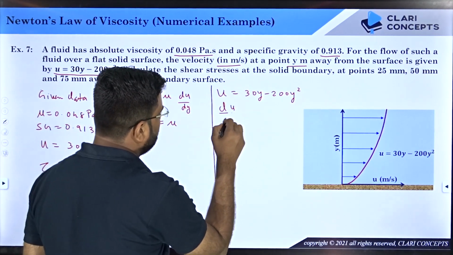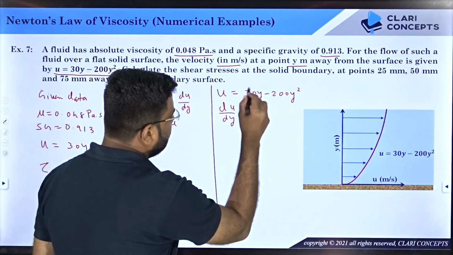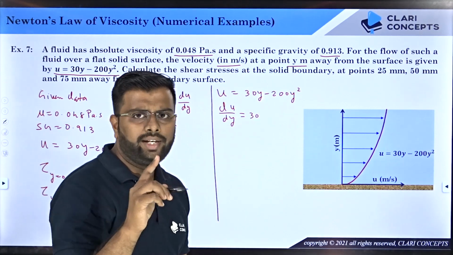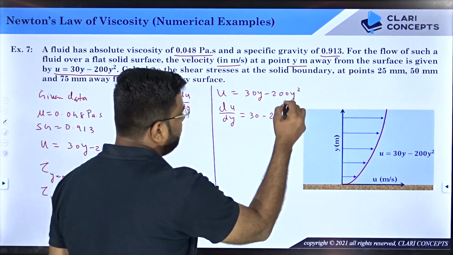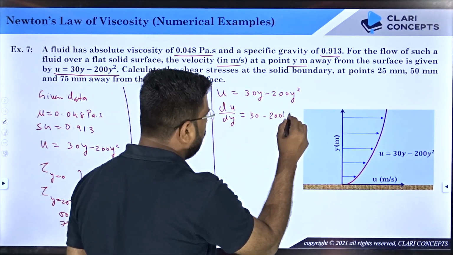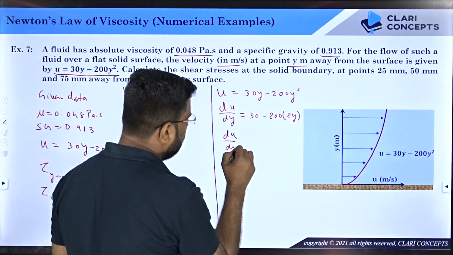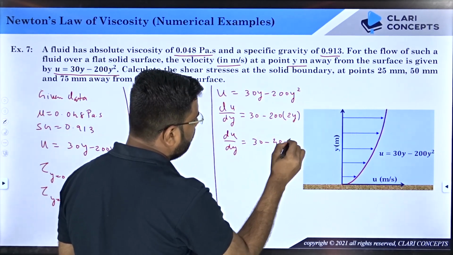So I will differentiate this equation with respect to y on both sides. So du by dy will be equal to, the derivative of 30y is just 30 and the derivative of y is just 1, minus 200 as it is. What is the differentiation of y square? It is 2y. I hope you are aware of differentiation. So this du by dy will be 30 minus 200 into 2, that is 400y.